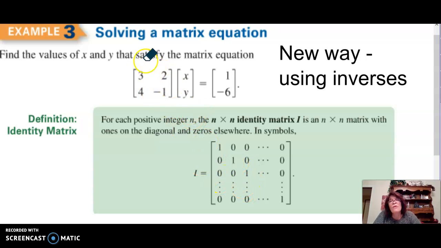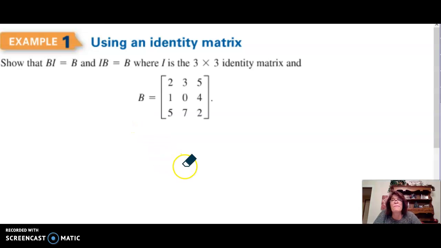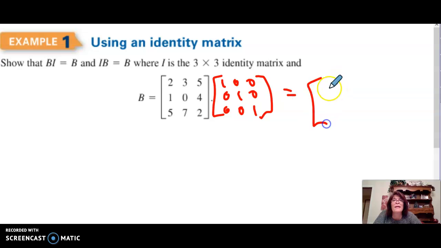Okay, so when we have an identity, we also need to have an inverse. Just make sure you realize that no matter what, if I multiply this matrix by the 3 by 3 identity, I'll end up getting B back.